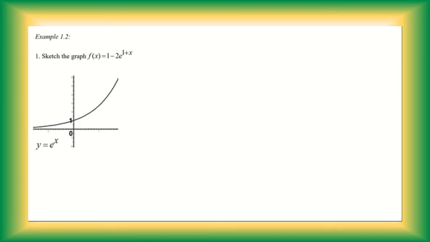Next, we need to carry out the x transformation. From the parent graph, if we replace the x with brackets, all the terms inside the brackets can be considered as the x transformation. So in this case, the x transformation is 1 plus x.